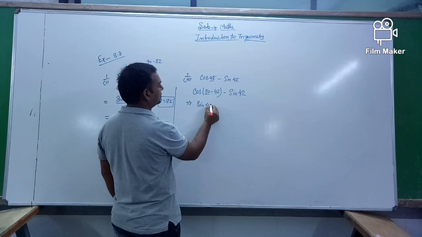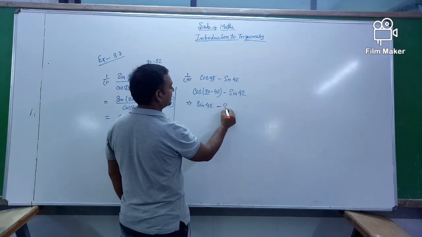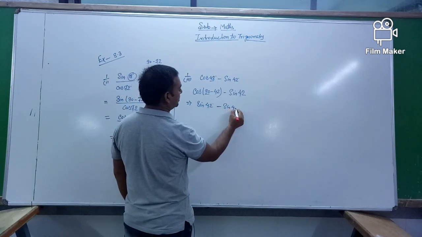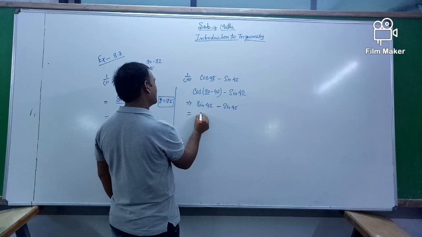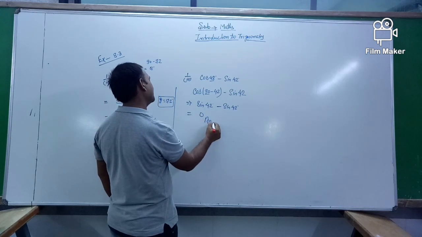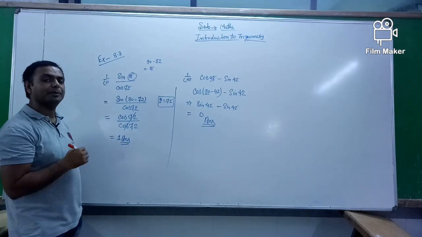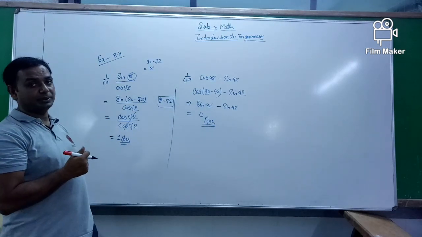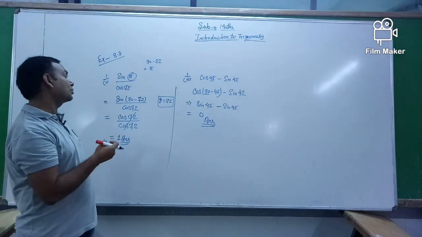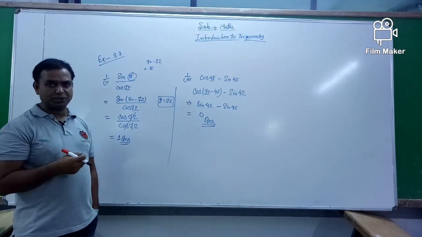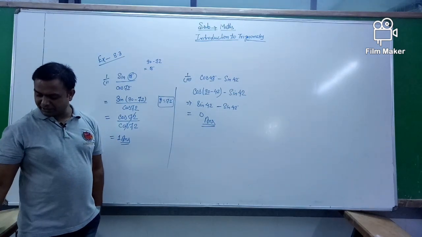So sine 42 degree minus sine 42 degree is equal to 0. That is the answer. Okay. I think all of you understand how you can apply the formula and solve the question. The other problems of question number first you can solve by applying this method.